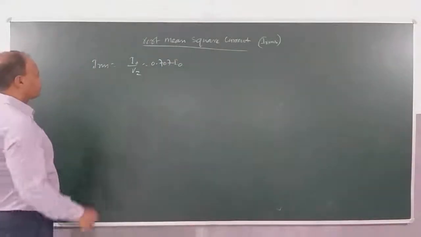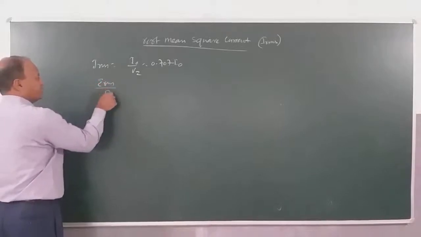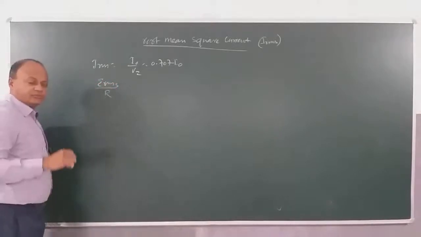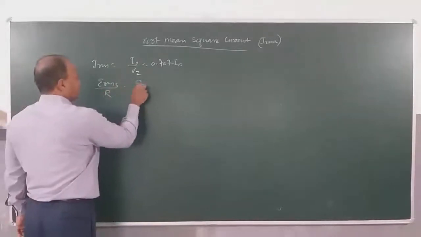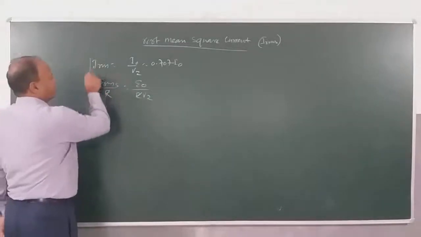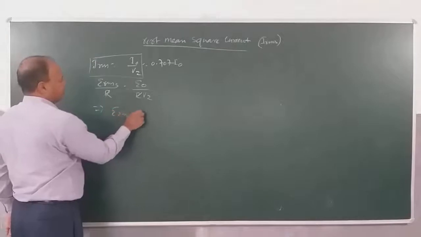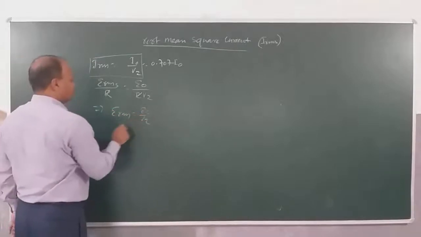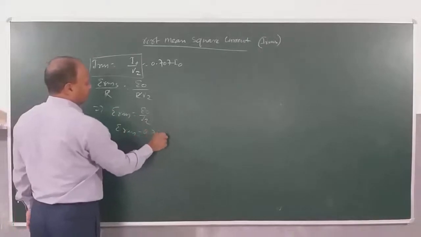Now I RMS can be written as what? E RMS by R, because I is equal to E by R, and I naught is E naught by R into root 2. If we cancel this out, we come across another interesting result here, that E RMS is E naught by root 2, or E RMS is equal to 0.707 E naught.